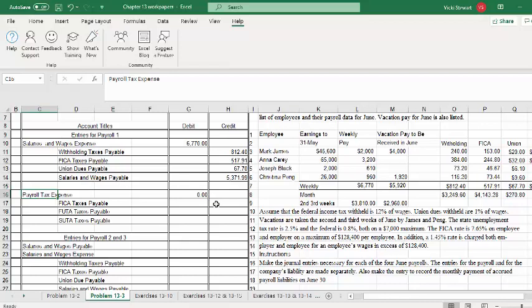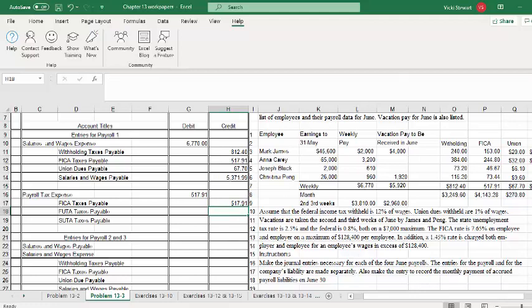So that's a separate entry. So again, remember that the employer has to match the employee's FICA. So again, we're going to record another credit to the liability account for the FICA taxes that the employer has to pay.